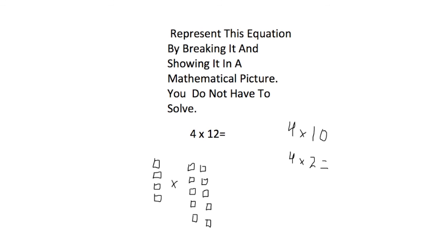So then we draw 10 blocks after the multiplication sign. And then we have 2 in the ones place, so it would just be 2 blocks.